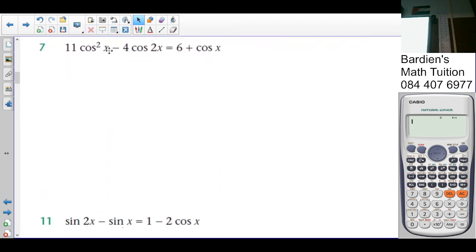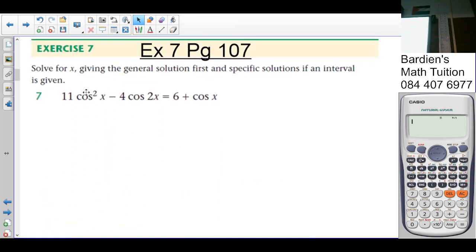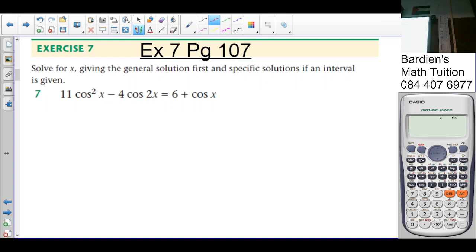Look at number 7. So what can change here? What's going to change here? Cos 2x. Which one of the three are we going to use there?